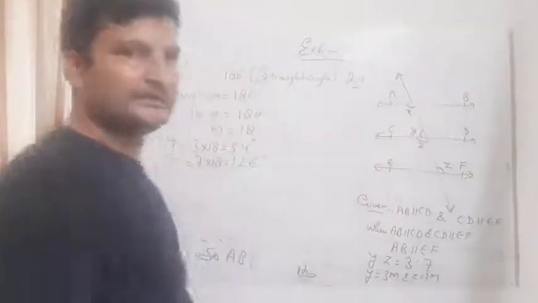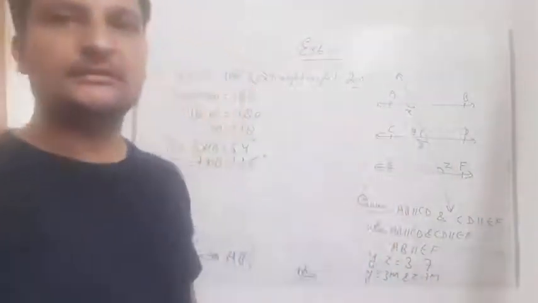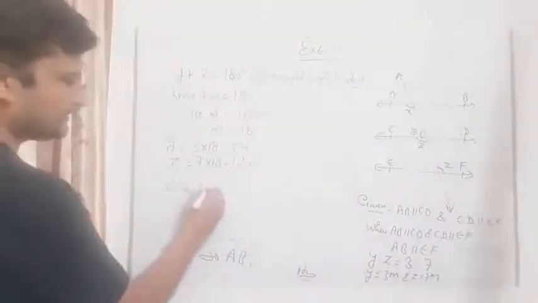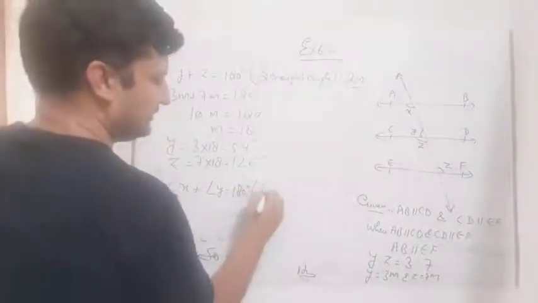We can say that x plus y, these two angles, when the angles are on the same side in a straight line, in two parallel lines, these angles are called supplementary angles. You can say that student, angle x plus angle y is equal to 180 degree. This is called co-interior angles.